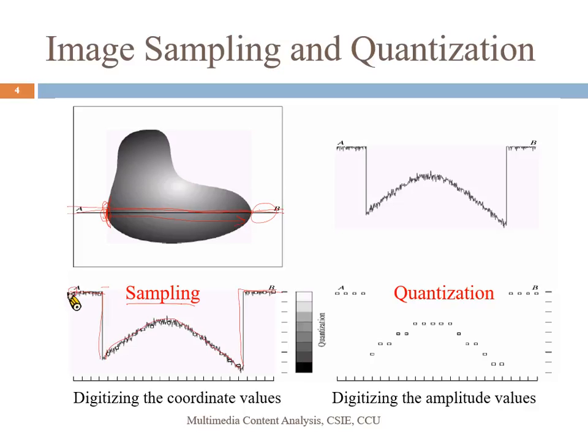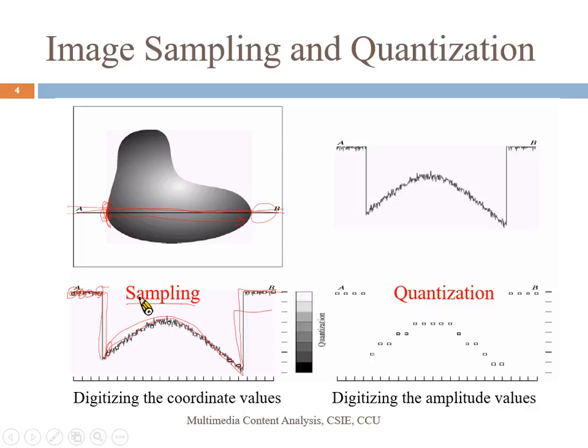So we store the value here, here, here, here, and here. We cannot store every value in this continuous signal, because there are infinite numbers of data we have to store. So this is impossible.